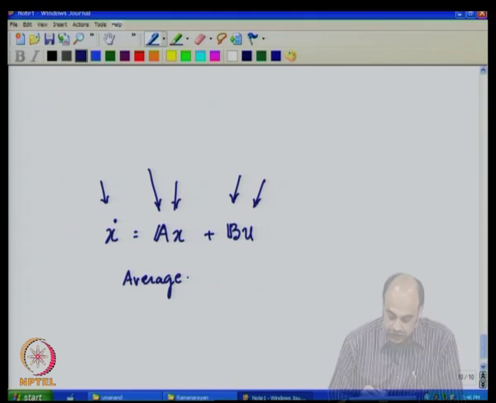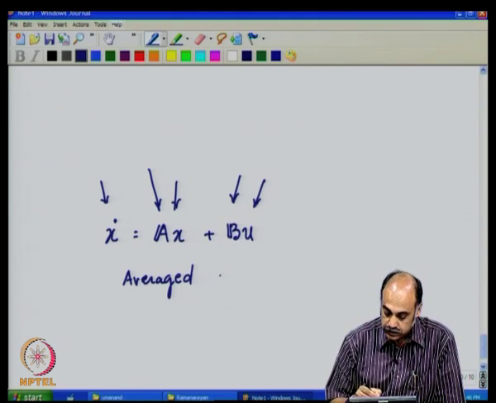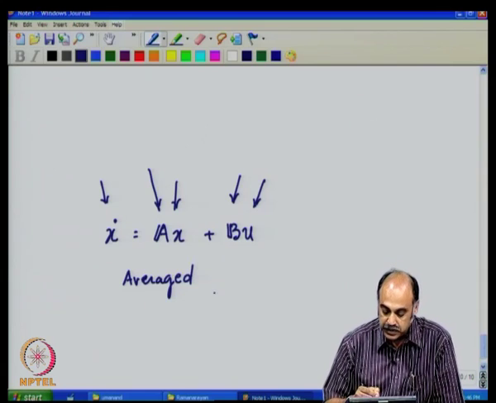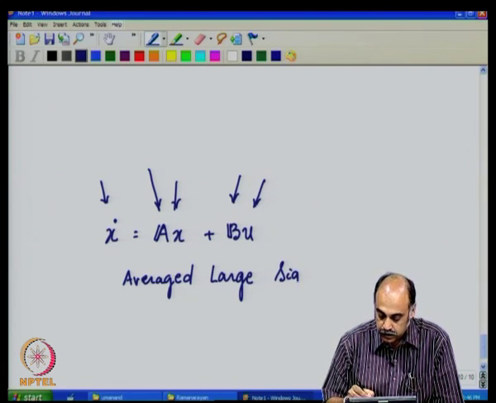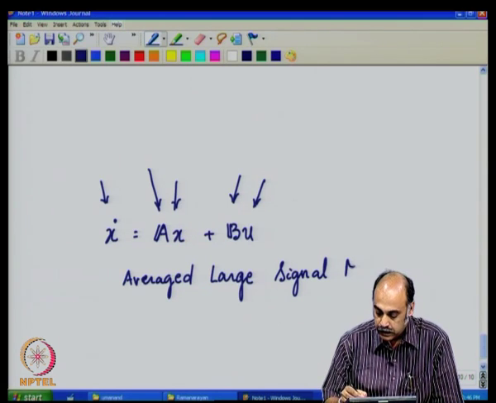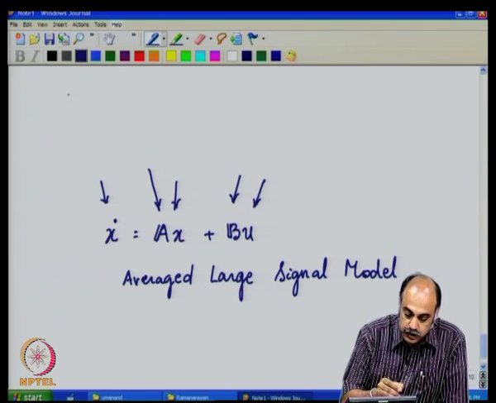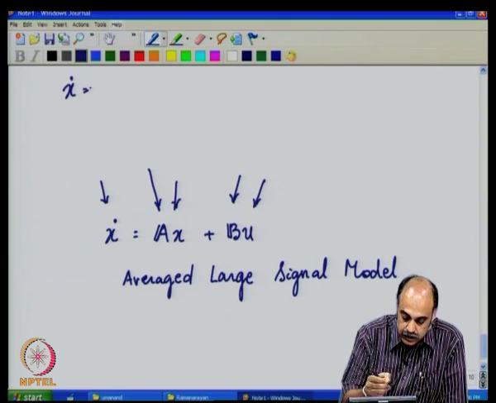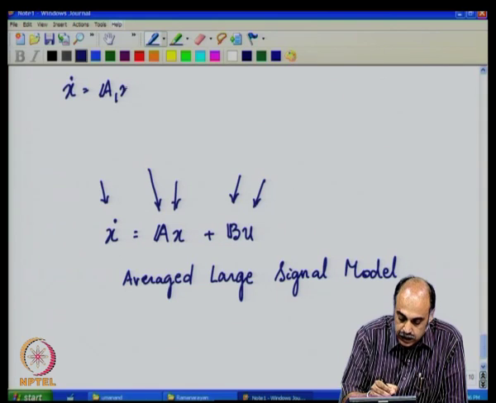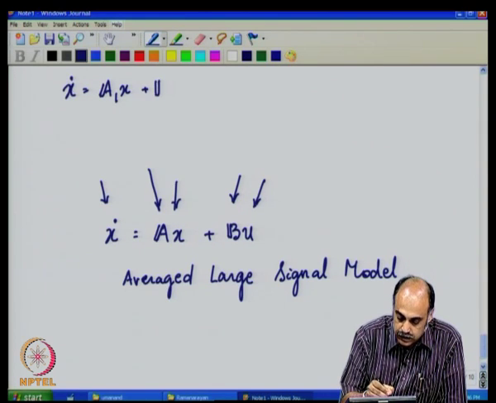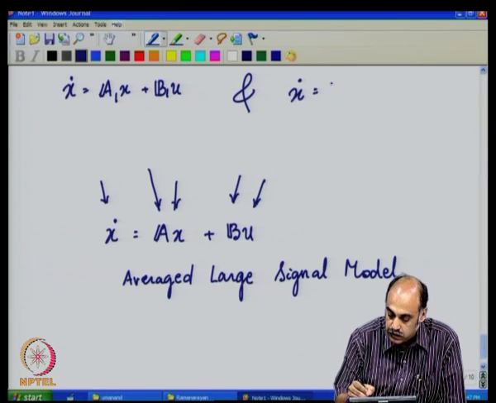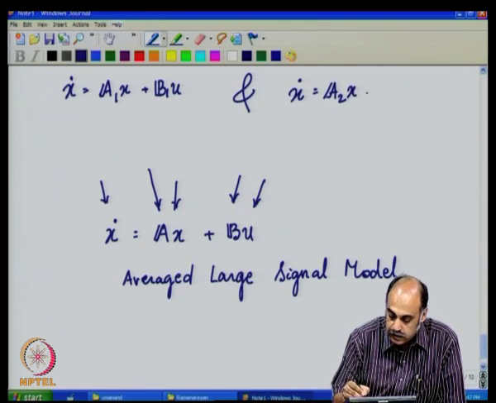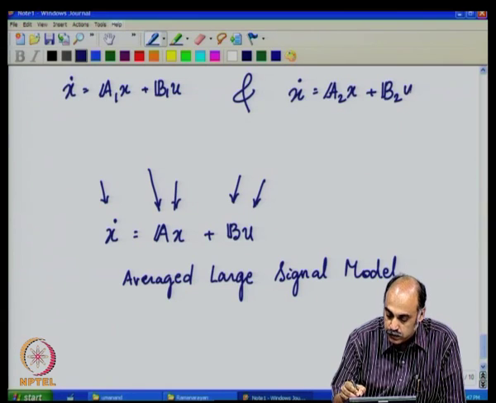We shall continue with this, obtaining the averaged large signal model from the two large signal models, which is x dot is equal to A1x plus B1u and x dot is equal to A2x plus B2u.